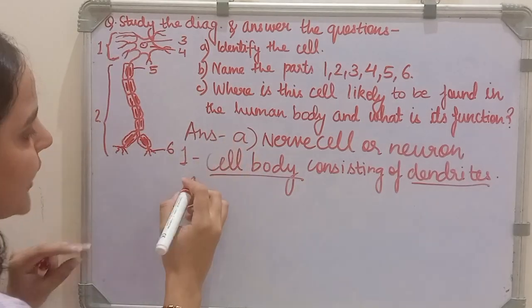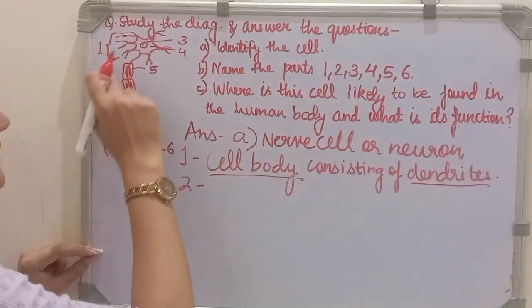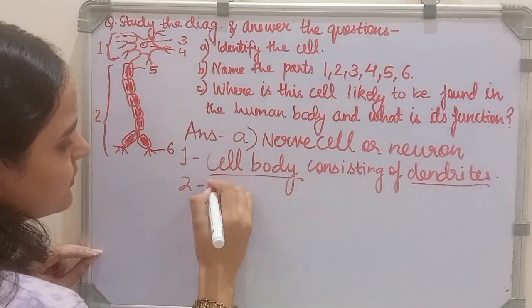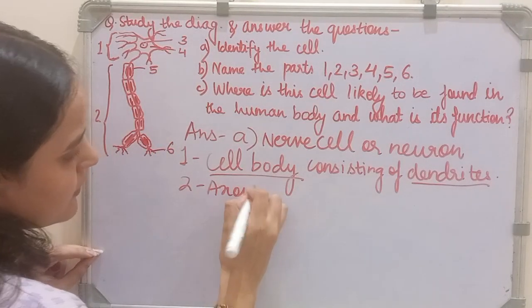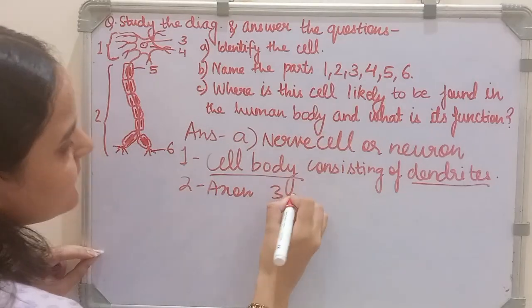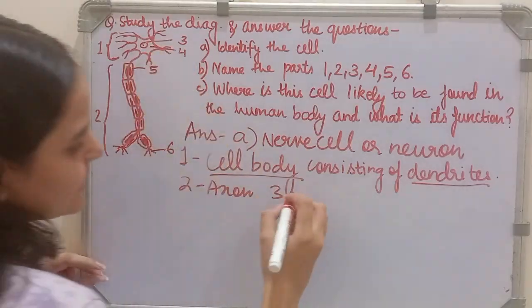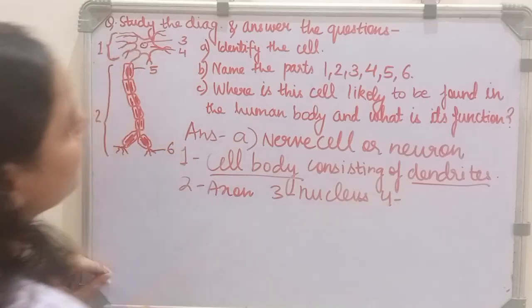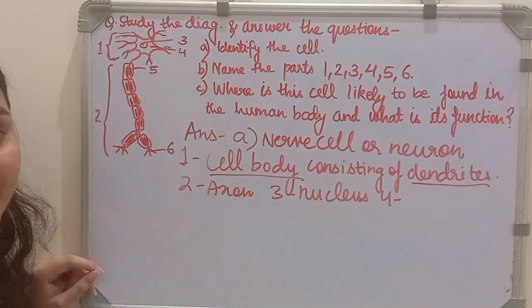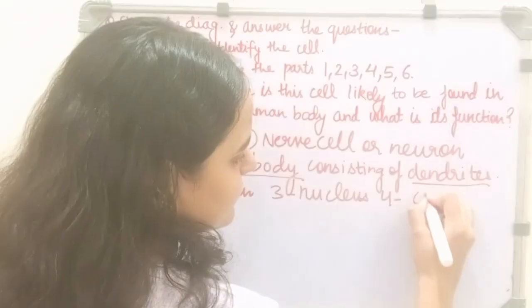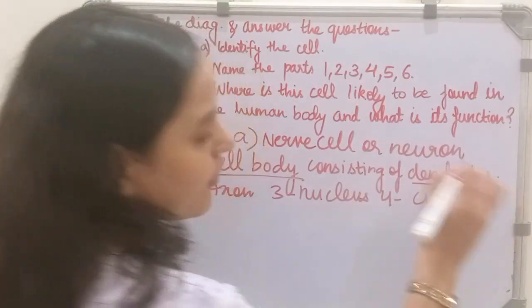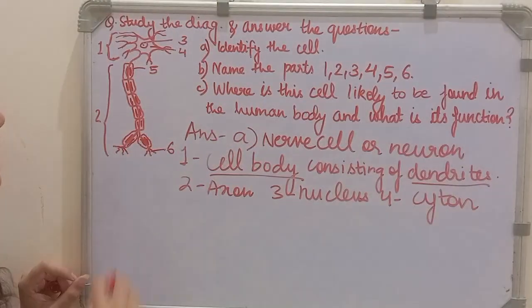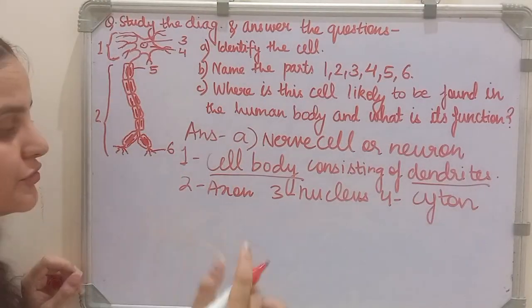Now part 2. Part 2 is clearly visible as axon. Now part 3. Part 3 is the nucleus. Now part 4 is the cytosol or perikaryon. Now part 5 is the neurolemma.